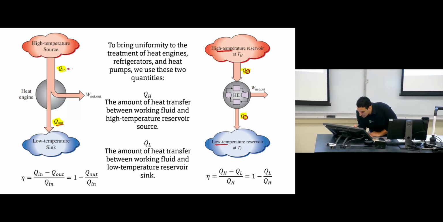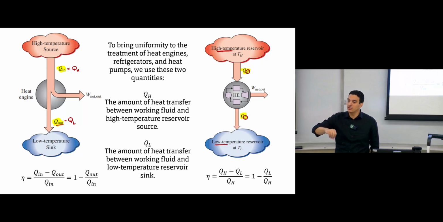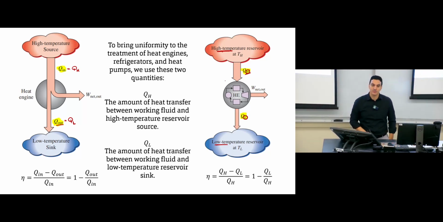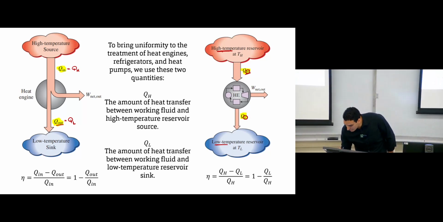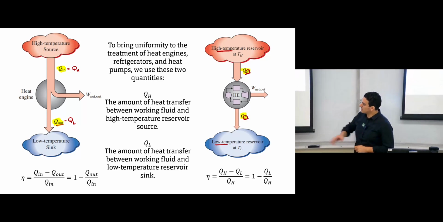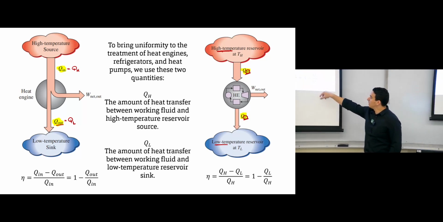So this Q in in the heat engine is QH, Q out in the heat engine is QL. If any amount of heat is received or gained from a high temperature source, some websites, some textbooks use the subscript H. And if it's from the low temperature reservoir, they use L. So in some textbooks, you can see the thermal efficiency 1 minus Q out over Q in, or 1 minus QL over QH.